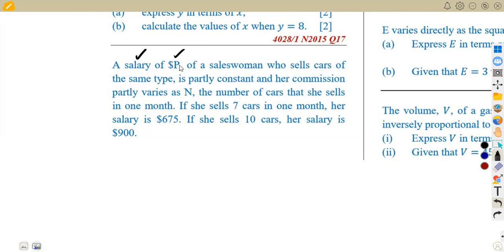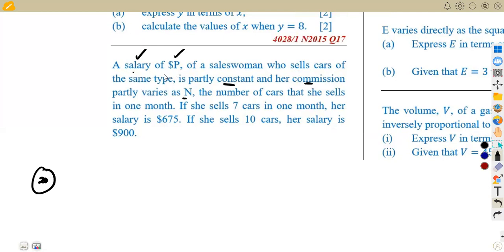So here they're saying P, who sells cars of the same type, is partly constant. So here we do not know this constant. And her commission partly varies as N. So her commission is a constant again, but partly varies as N, which is the number of cars that she sells in 1 month. So let us take note of this information that we have. So we said the salary, it's P.